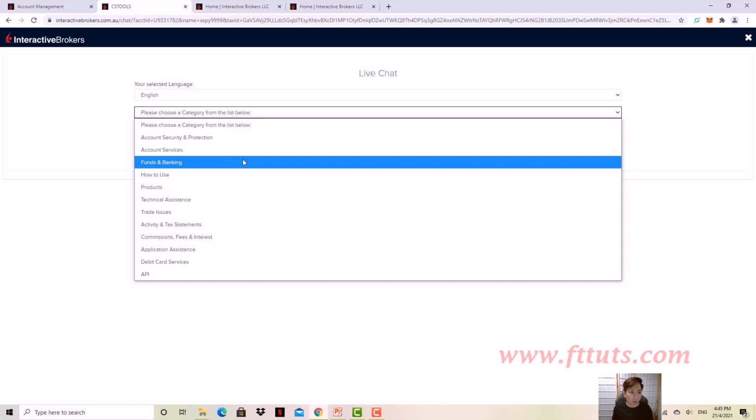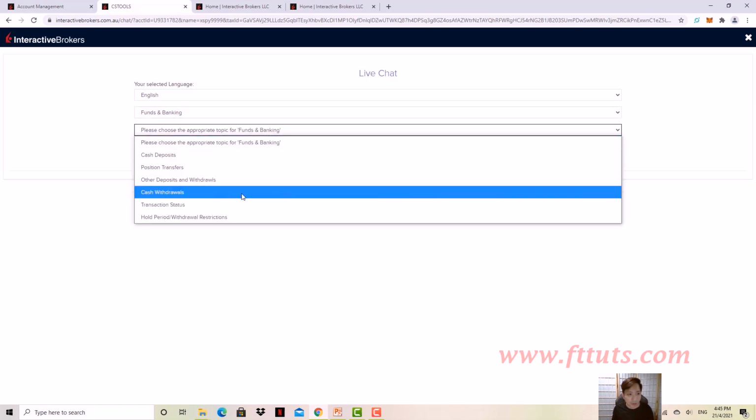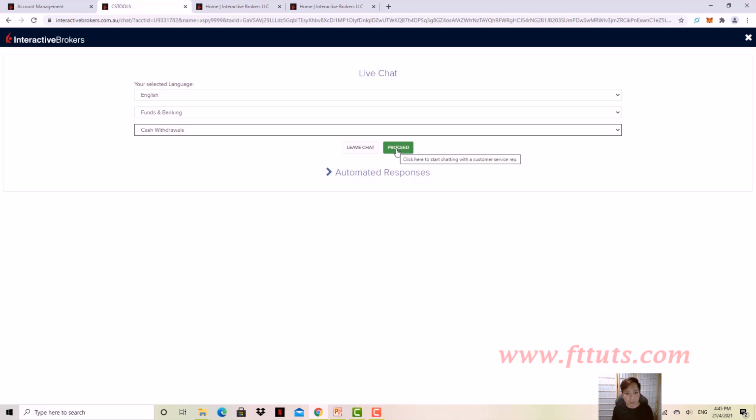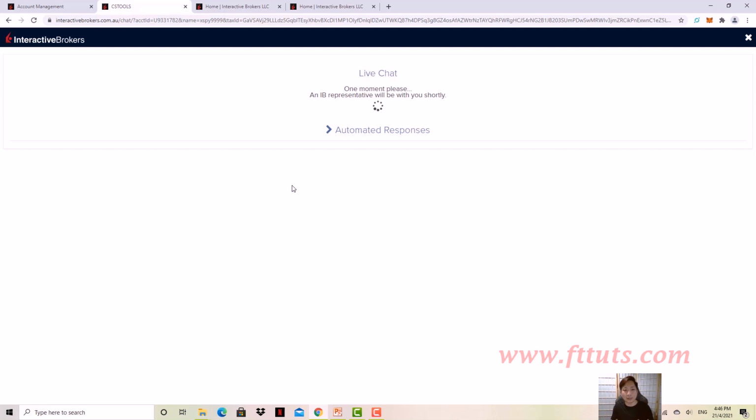Let's say it's a withdrawal question, so I will choose funds and banking, then cash withdrawal, and click proceed, and then they will get a live representative to interact with me. That's when I can immediately ask any account specific questions. Understand? So it's quite easy to reach out to them.